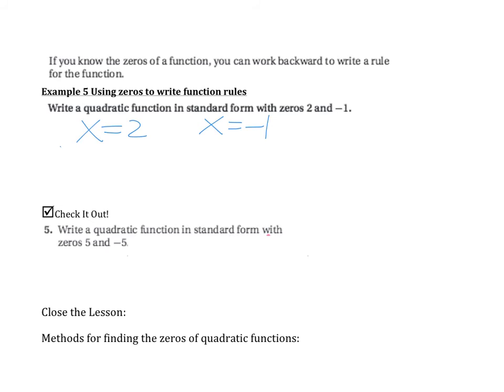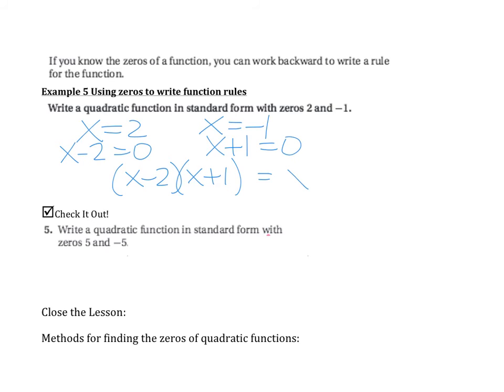So now we subtract 2, add 1, and now we can put the 2 together to multiply, because they are factors, and then do our FOIL: x squared, first, outers, inners, last, and then combine our like terms in the middle, and there's our function.